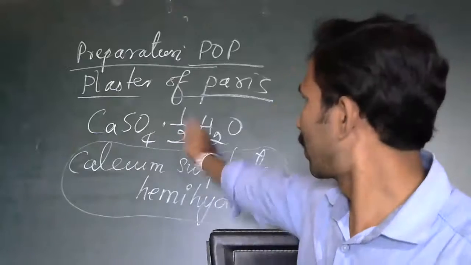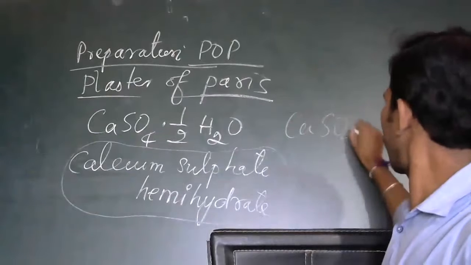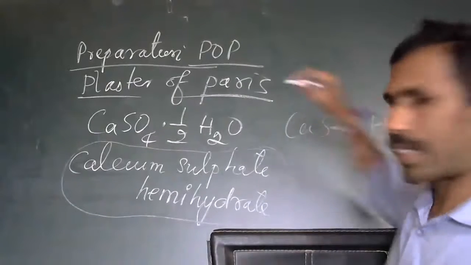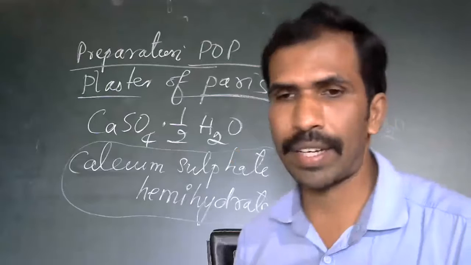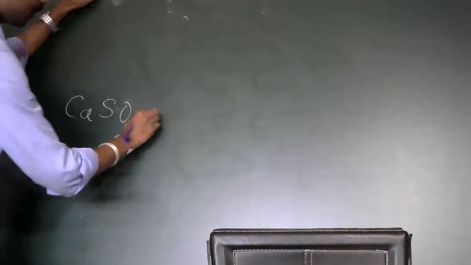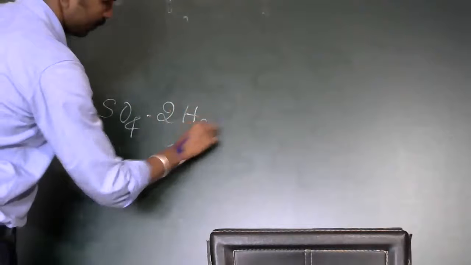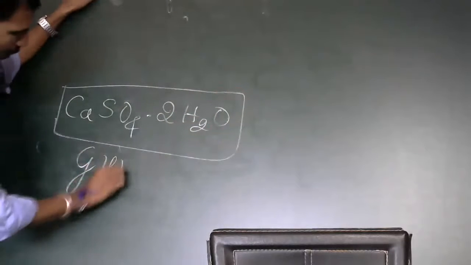Hemihydrate, you can write it as CaSO4 with H2O. So this is the calcium sulfate hemihydrate. It is produced from calcium sulfate, which is called gypsum powder.